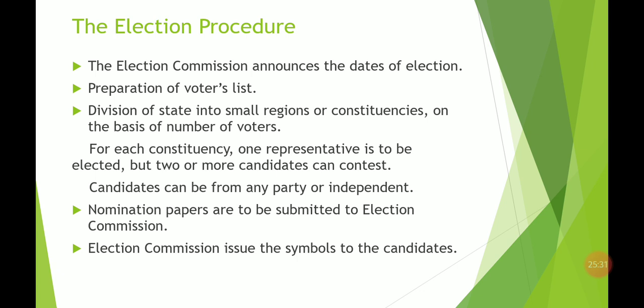So after checking it, after finding everything okay, the election commission issues a symbol to the candidate. If a candidate belongs to a party, they must have a symbol, but if a candidate is independent, in that situation the election commission provides the symbol for that particular candidate.